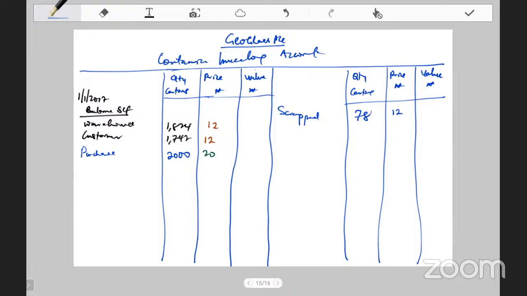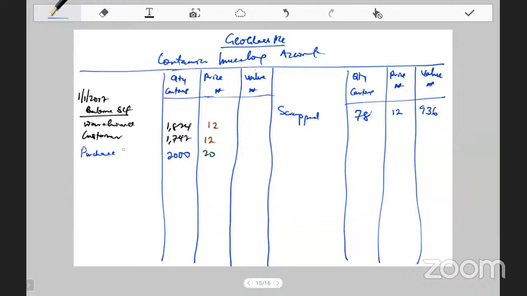Yes. So 78 times 12 naira. What would be the answer? 936. Now look at this. When we are recording the first information, we only recorded them once because they are balanced forward.